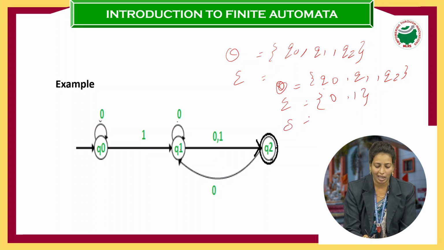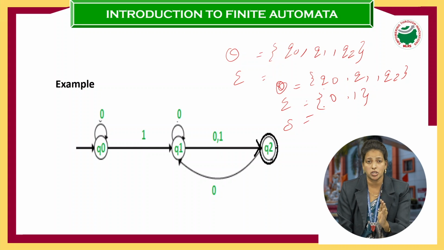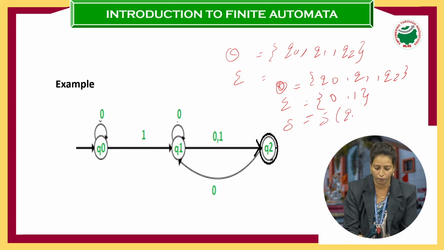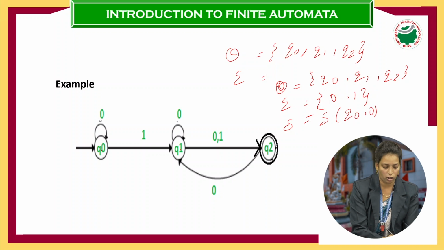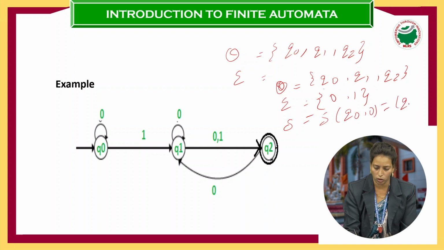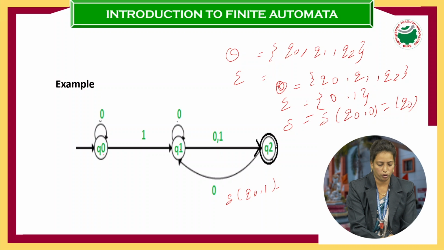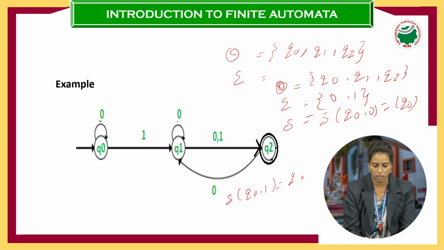Next, delta indicates transition functions or mapping function. Let us consider delta of Q naught of 0, it goes to Q naught only. Next, delta of Q naught of 1, it moves to Q1 state.